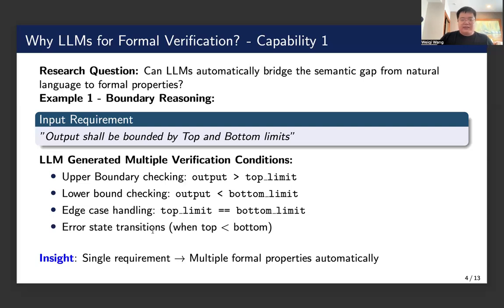Error state transition: when you input an invalid setup, like the top, they send the button, and now the top is the button. The insight here is that we give a single requirement sentence, and the LLM, based on its understanding, automatically generates multiple formal properties.